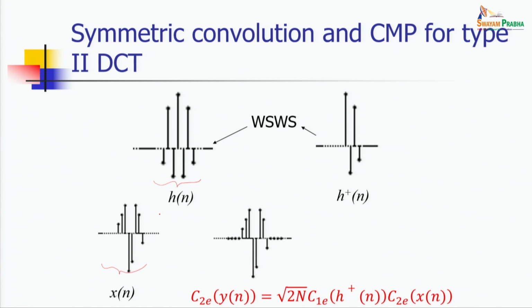Now, instead of taking the full filter response, the filter response is symmetric about its origin, and it is even symmetric in this case. So the convolution that you perform between these sequences can be performed as symmetric convolution when you specify only half of the filter response.